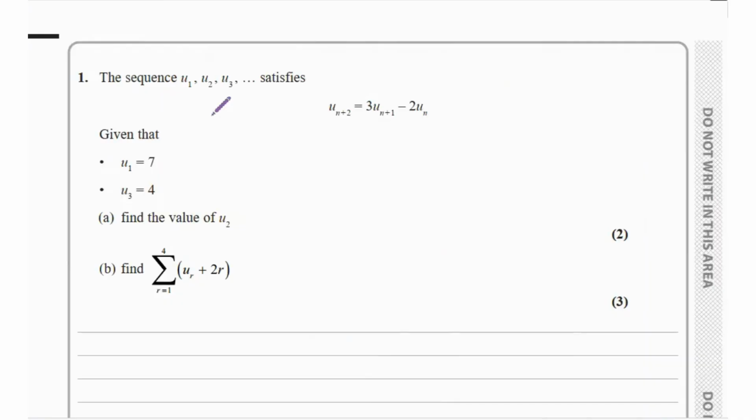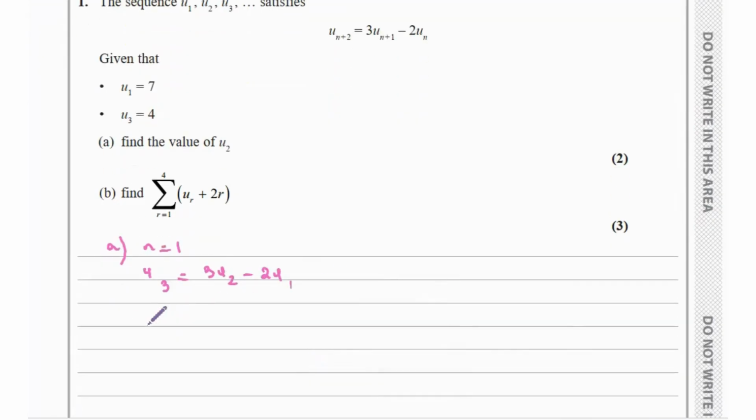So it says the sequence U1, U2, U3 satisfies U(n+2) equals 3 times U(n+1) minus 2 Un. Given that U1 is 7 and U3 is 4, we have to find the value of U2. So let's say n equals 1. Then U3 equals 3 times U2 minus 2 times U1.